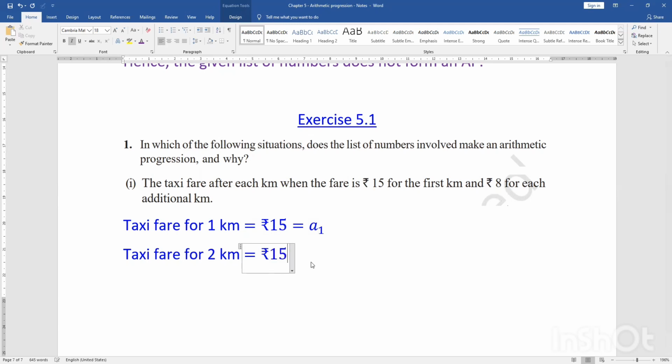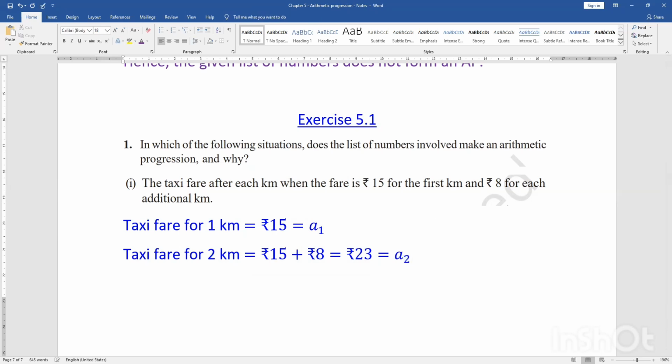So I write 15 plus 8, which is equal to rupees 23. This is equal to A2.